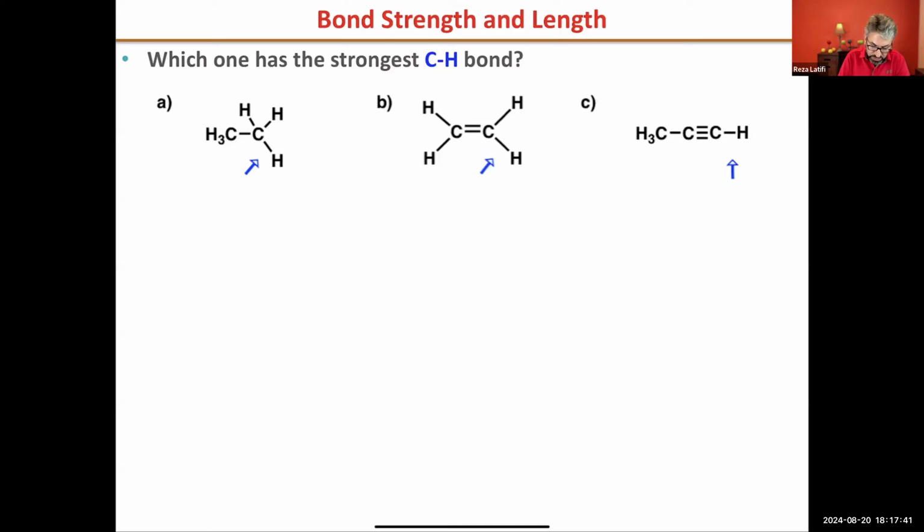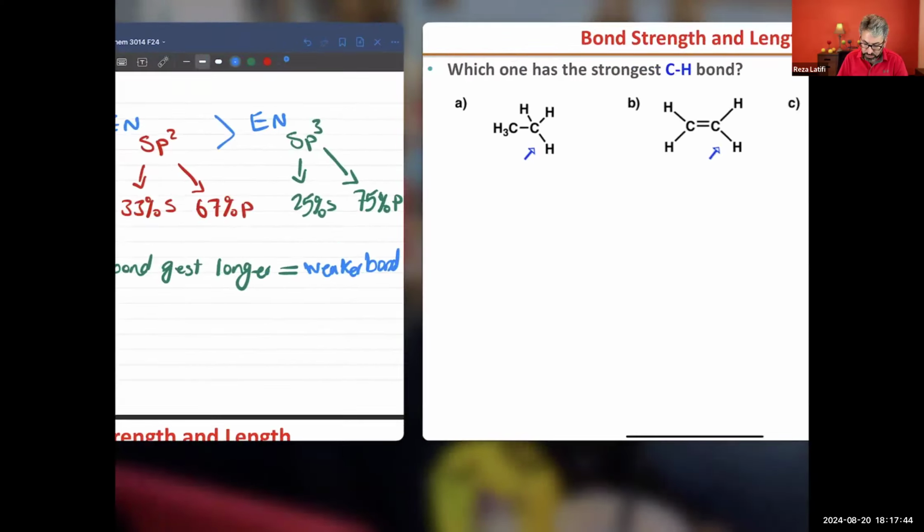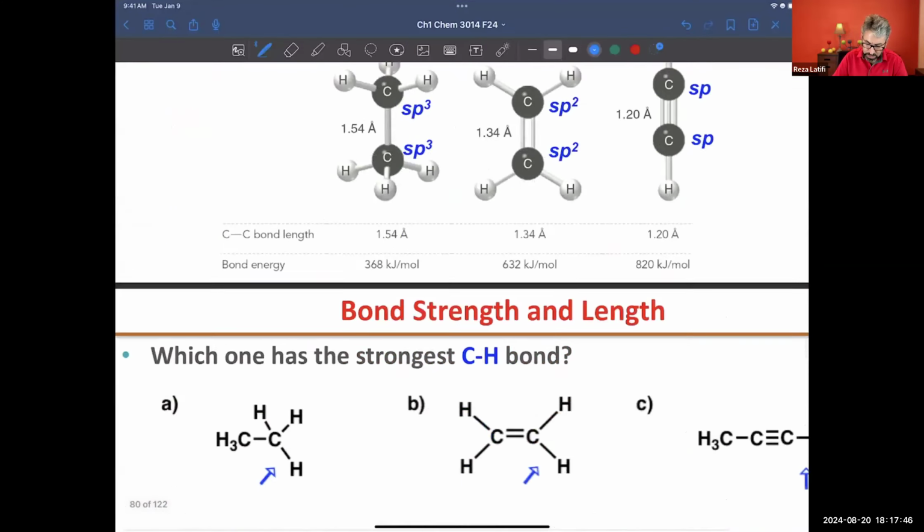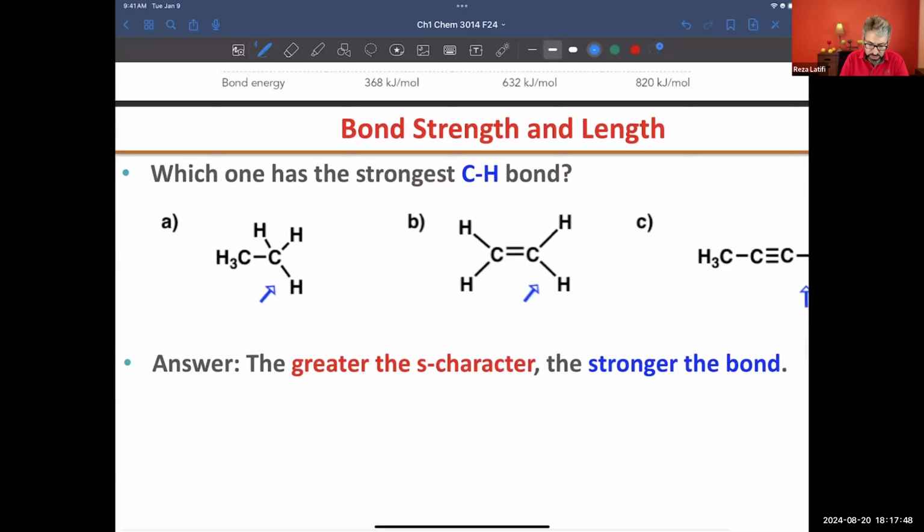So if I want to go after this question, I'm going to say this carbon, the one I'm highlighting, is surrounded by 4 sigma bonds. What's going to be the hybridization? I'm going to use 1 from S and add 3 from P to it. I get 4 orbitals of S1, P3. So the hybridization will be sp3.